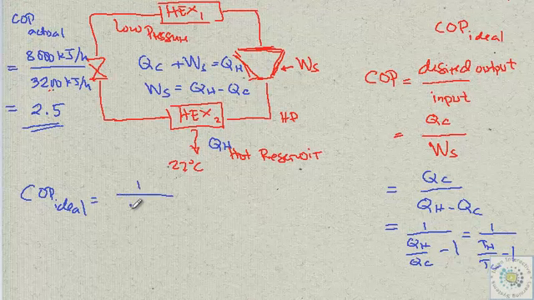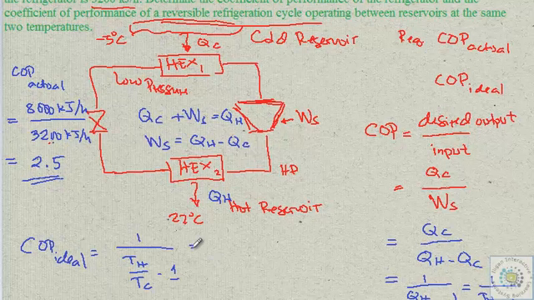1 over TH over TC minus 1. And what will that be? Well, TH, the hot reservoir, is 22. Be sure to convert that to Kelvin.